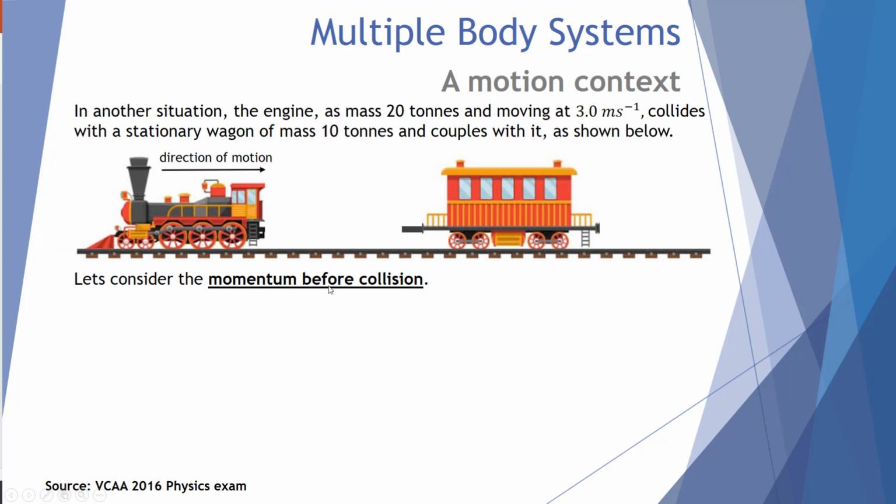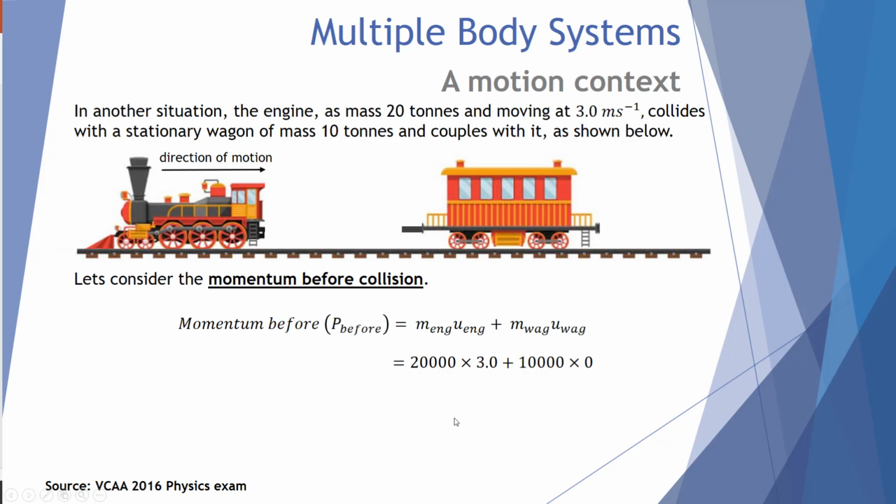First of all, the momentum before the collision. So before the collision, we have the momentum of the engine. So it's the mass of the engine times the initial velocity of the engine. And we also have the momentum of the wagon. So it's the mass of the wagon multiplied by the initial speed of the wagon, because we know momentum is mass times velocity. We're using u's here to depict the initial conditions.